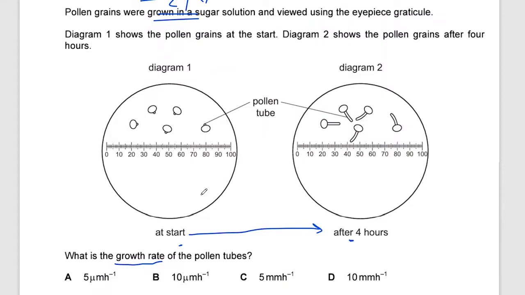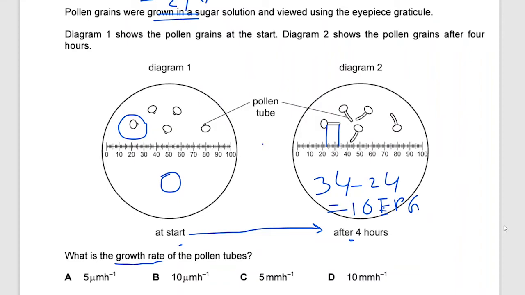Okay, so initially the length of the pollen tube was quite small, but let's assume that it's 0. Let's try to find the final length. If you look closely, it's 34 minus 24, which means it was somewhere around 10 divisions wide, 10 EPG divisions wide.